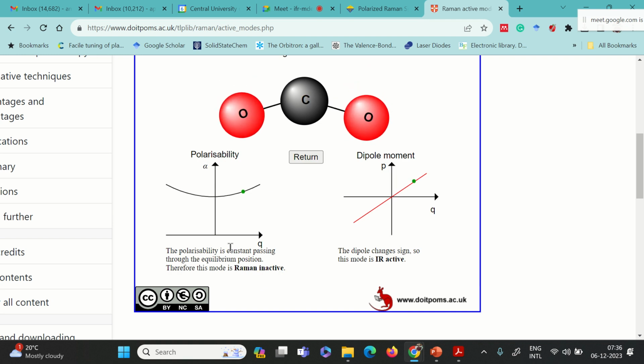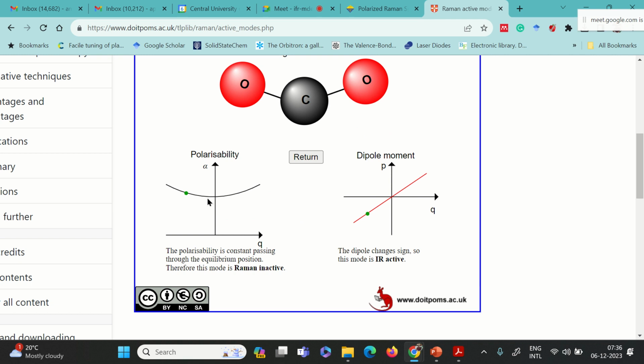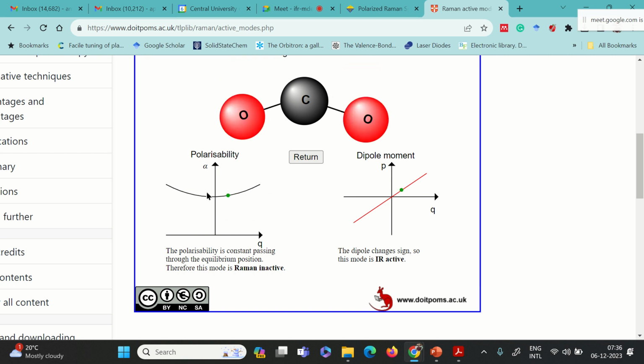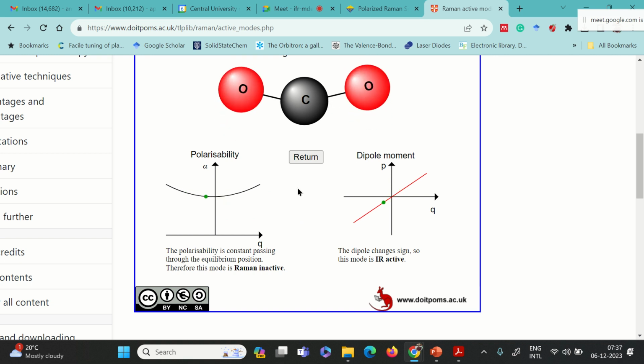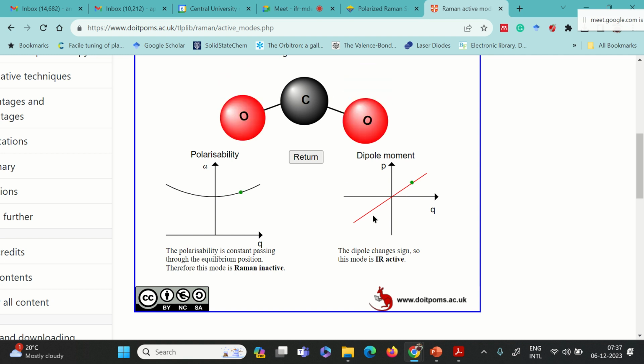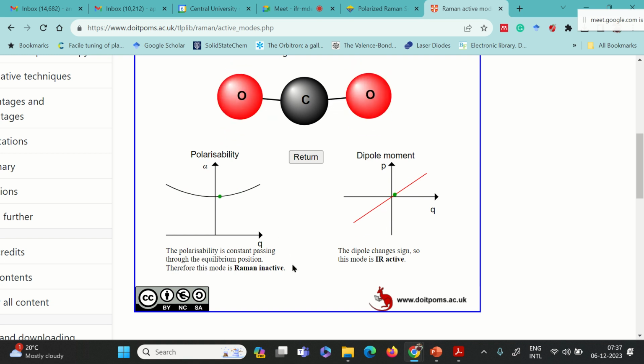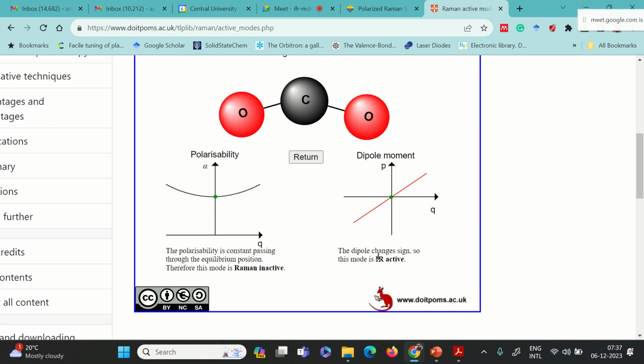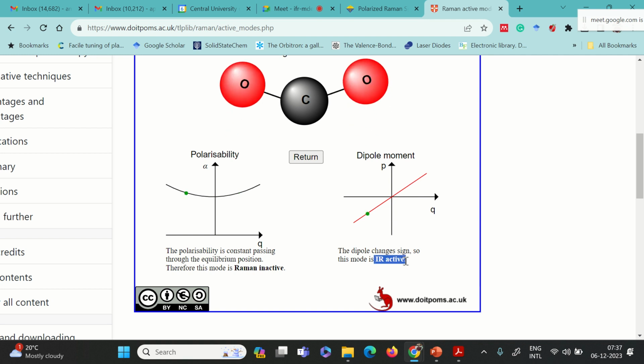Similarly in other cases, this is the bending mode. Look at the polarizability change: d alpha by dQ is 0, however there is a change in the dipole moment, which is a positive slope now. So this mode is Raman inactive but IR active.